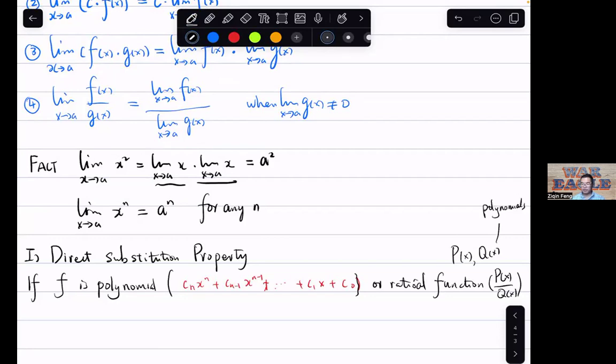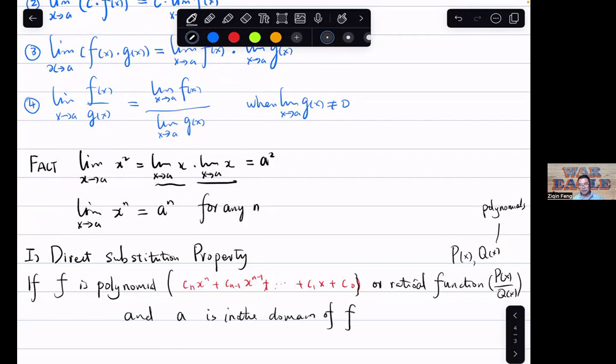In this case, we know the limit is good, as long as a is in the domain of f.